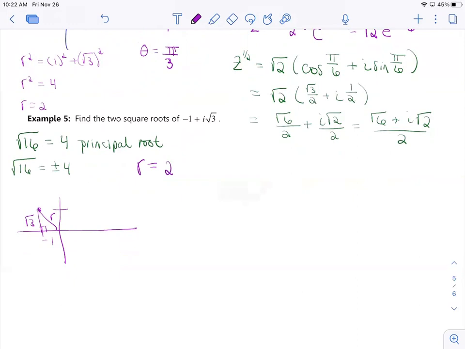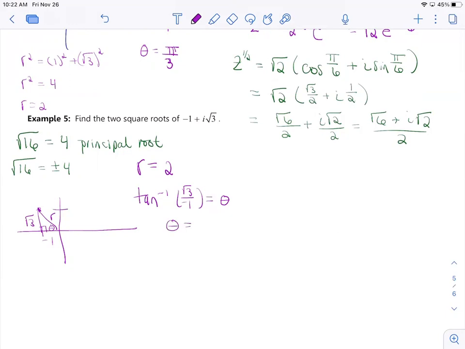Well, now what is our theta? Well, inverse tangent of, forgive me, inverse tangent of root 3 over -1, that equals your theta.